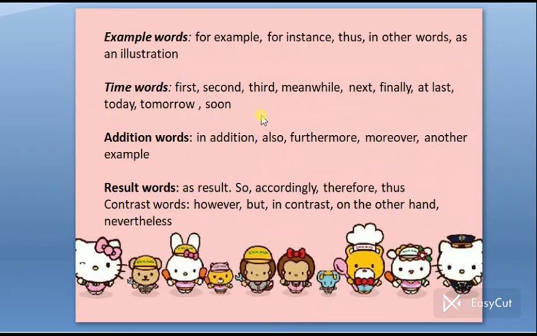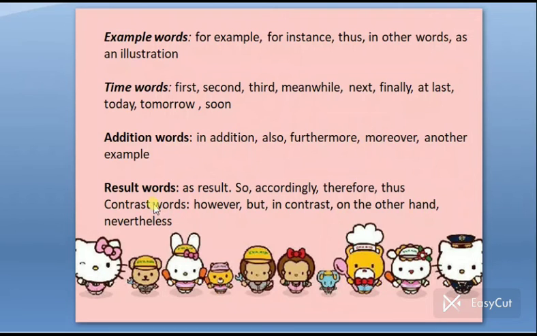Next, addition words. These are the terms under addition words: in addition, also, furthermore, moreover, another example, and also more so. Addition words are usually found in enumeration, description, and sometimes in generalization plus example.